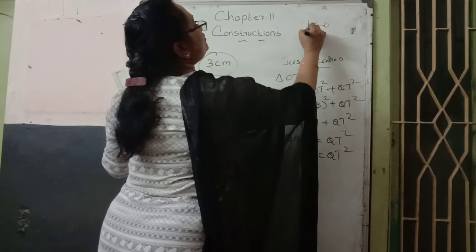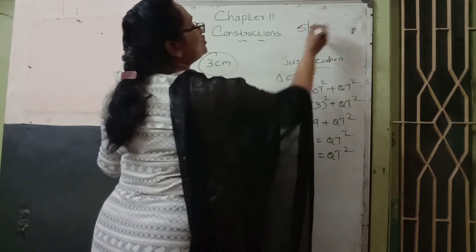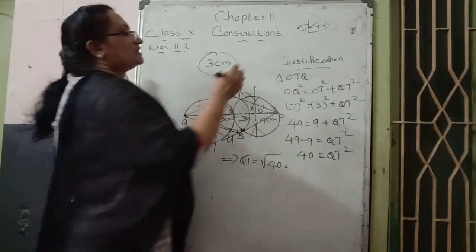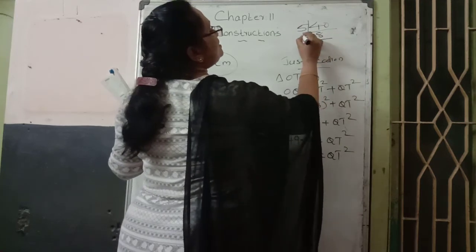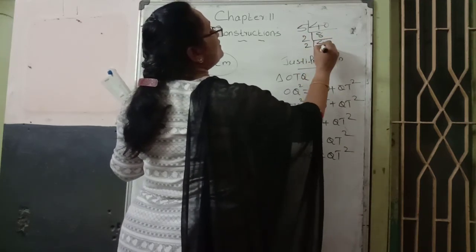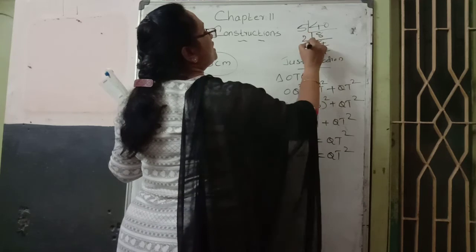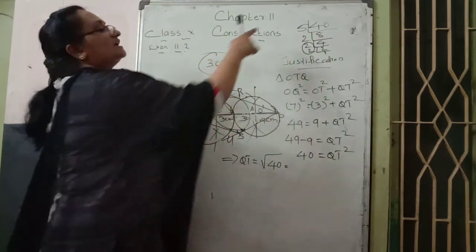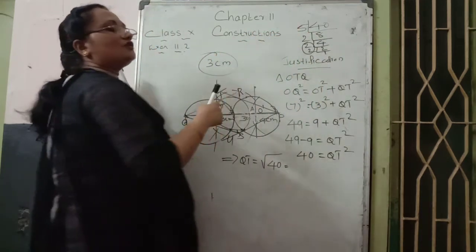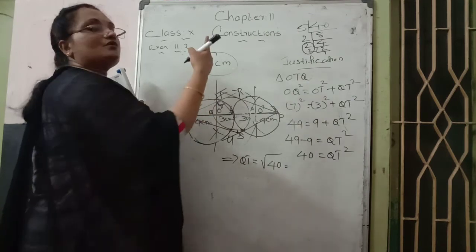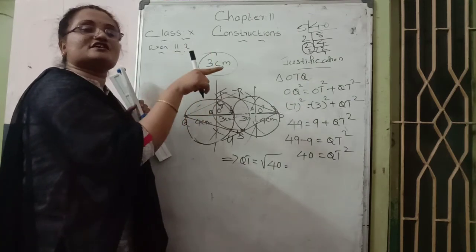Square root of 40: how to get it? In the 5 table, unit place 0 means prime number 5 is used 8 times. 8 is an even number, that's why divide by prime number 2. Prime factorizing, these two have a pair, but one 5 and one 2 have no pair. That 5 and 2 are kept inside the root.